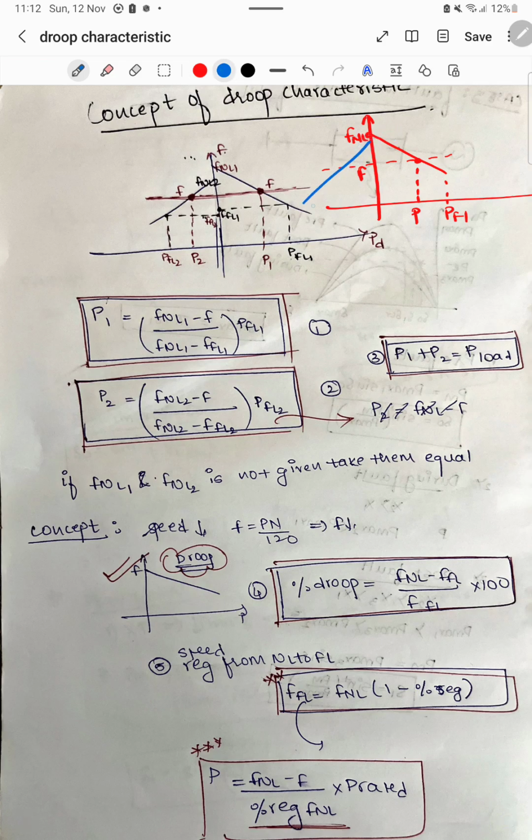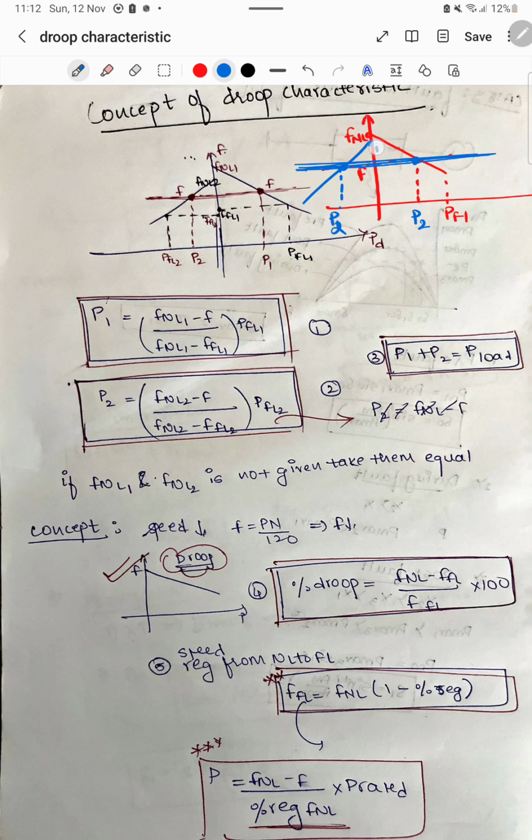Whenever there is a load sharing, there will be one constant operating frequency. At that frequency there will be some P1, some load shared by P1 and some load shared by P2. But what I want to note here is that the frequency at which they'll be operating will be the same.